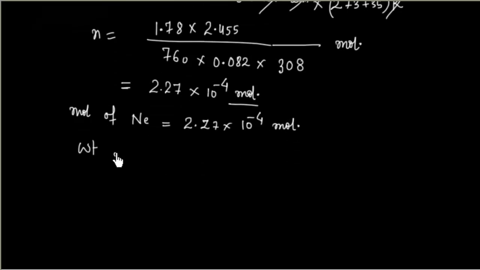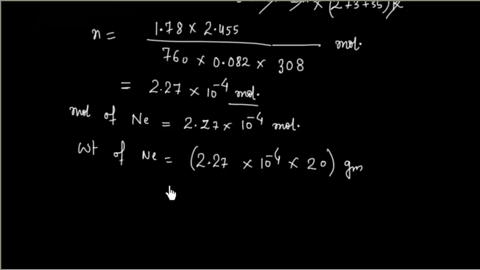So weight of neon, this is 2.27 into 10 to the power minus 4 mole, into 20, and now this value will come in gram. So let us see what we'll have. We will have 2.27 into 20 into 10 to the power minus 4 gram.